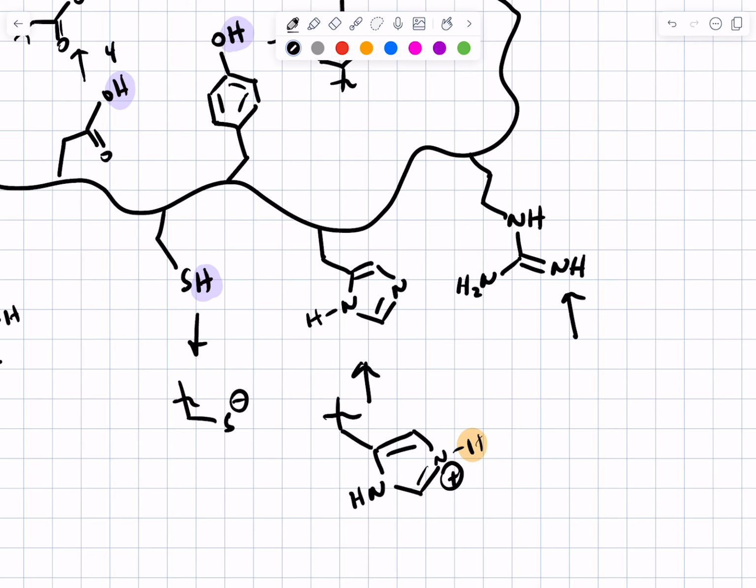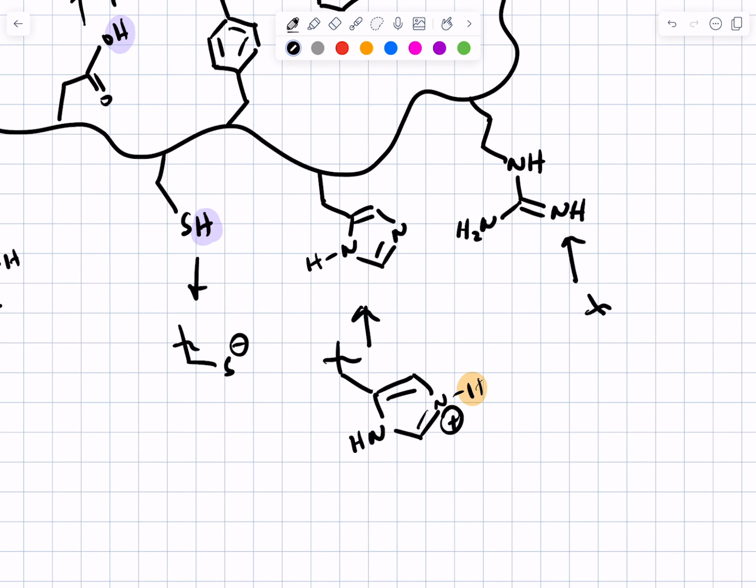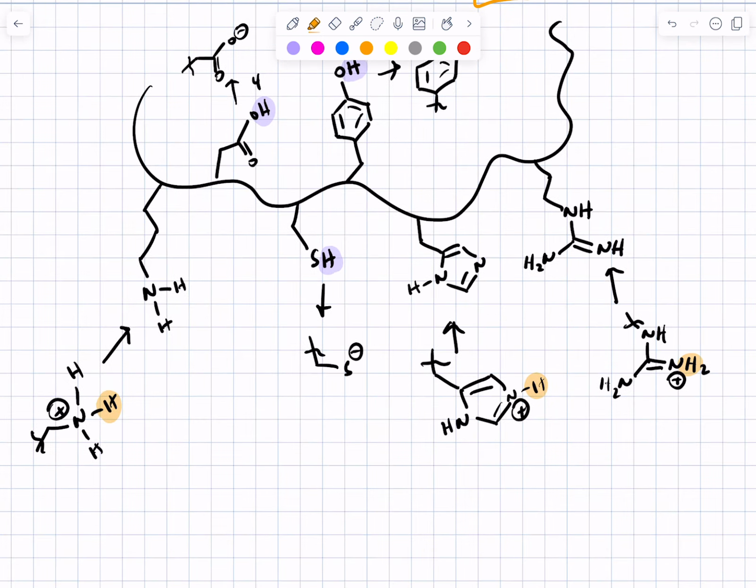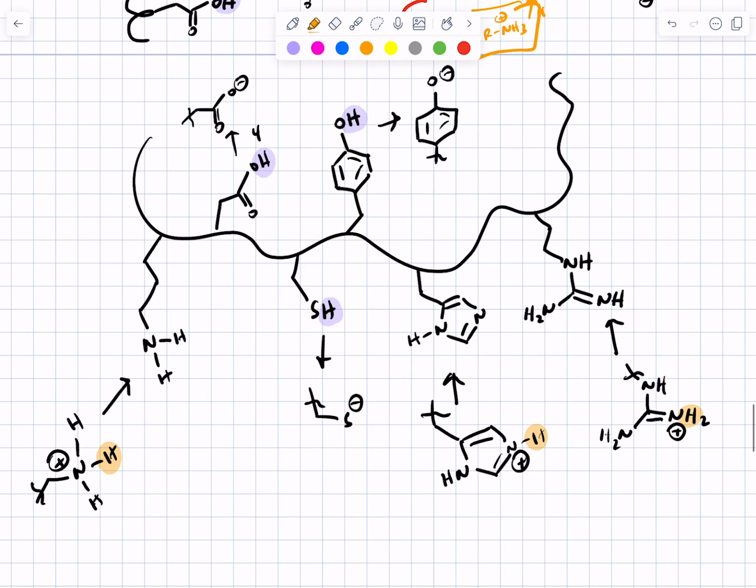Same thing for this functional group. You would not find that neutral amino acid on the pKa table. Instead, you would just find the positively charged conjugate acid. Okay? And you could look those up. If we look them up, you would find pKa's of 10 here, 4 here. This pKa is 11, this one is 6, and this one is 12.